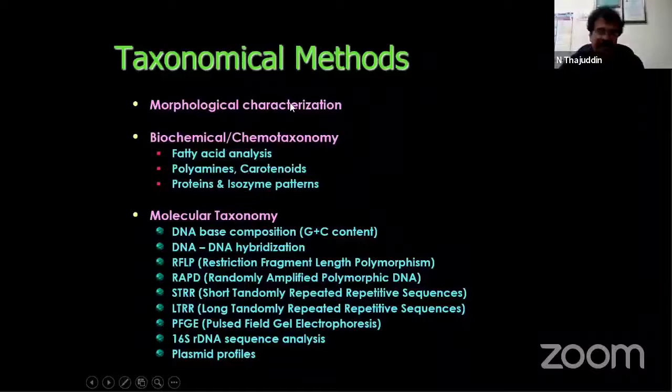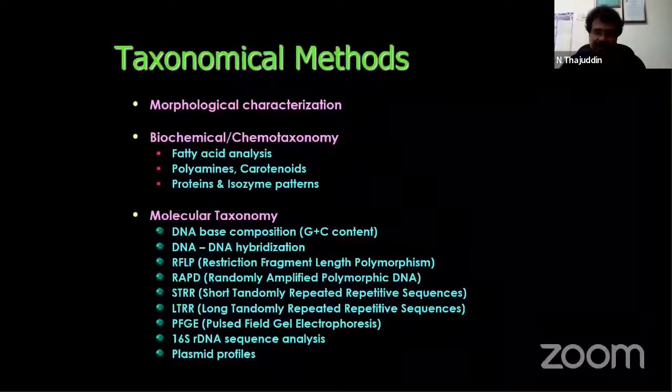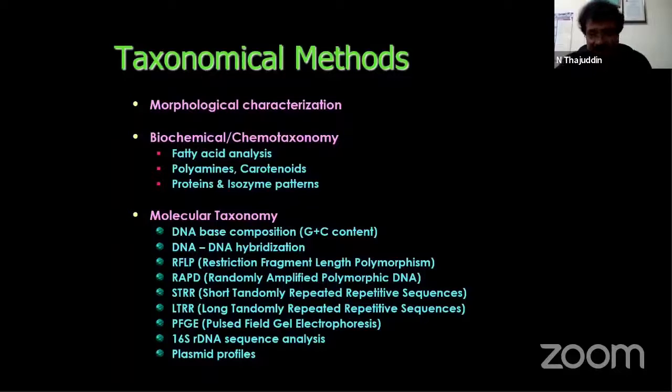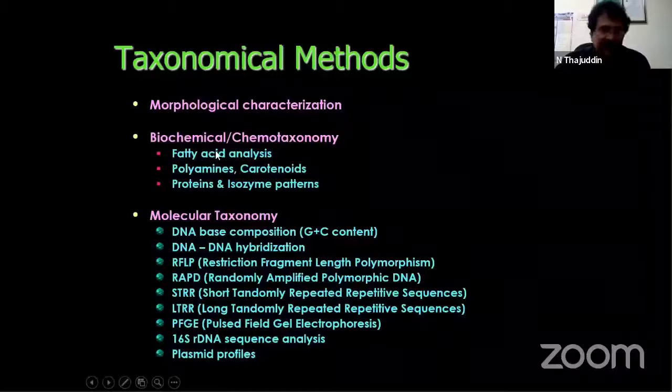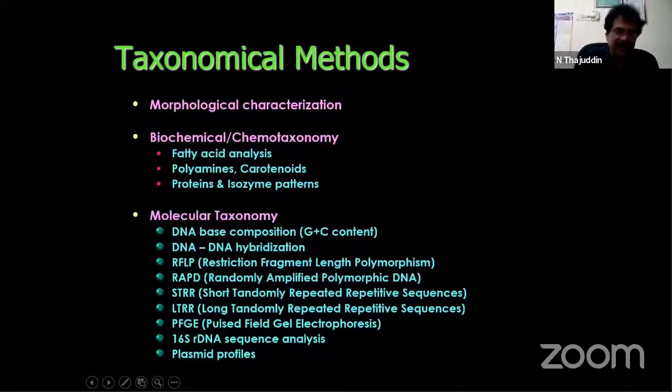Whereas in the case of microalgae and cyanobacteria, the biochemical features are not constant. If you change the media composition and condition, you cannot get the same fatty acid profile, and you cannot get the same amino acid or protein profiles, because if you change the media composition and condition, you get different results.